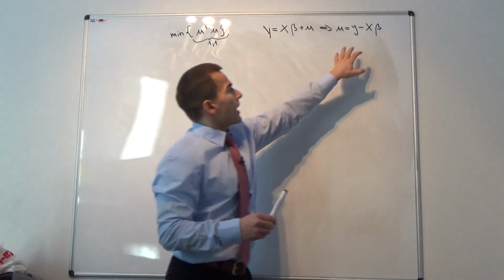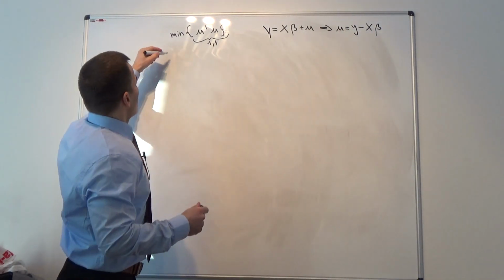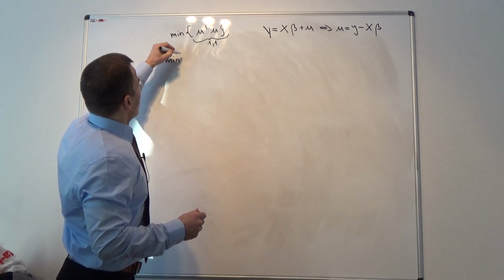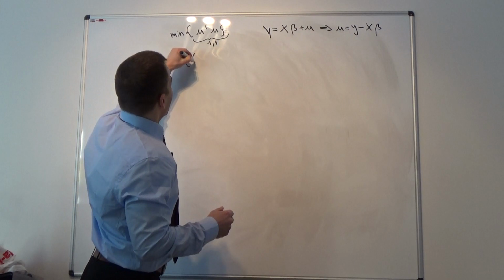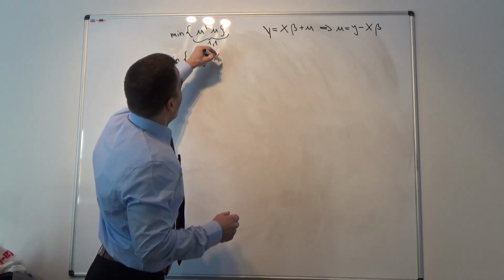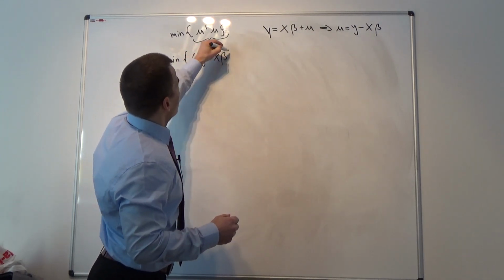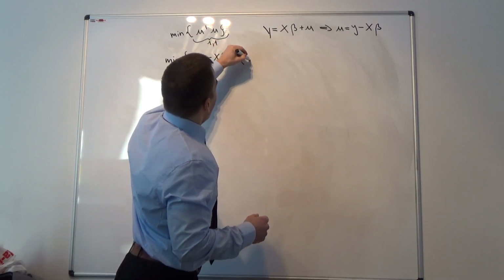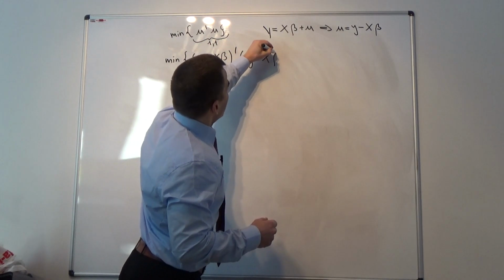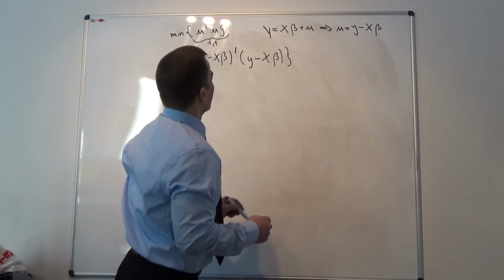So we can plug this expression into our minimization problem here. We have to minimize y minus X times beta, transposed, times y minus X times beta.